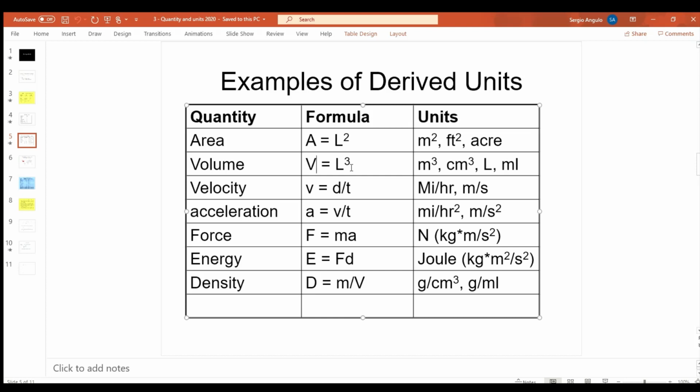You could have a volume where the length is 50 meters, the width is 20 meters, and the height is 2 meters. So the numbers are all different. But the fact that they're meters times meters times meters means your unit is going to be a meter cubed, which is a volume that is 1 meter by 1 meter by 1 meter of space.